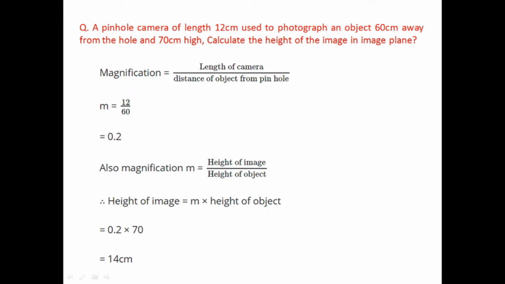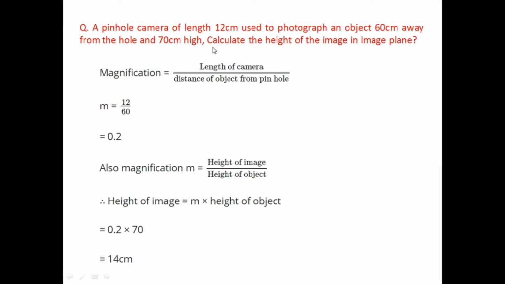So let me look over a problem here. I have a pinhole camera of length 12 centimeters, used to photograph an object which is 60 centimeters away. So 60 centimeters is actually d naught, from the hole. And this object is 70 centimeters high, that means h naught of the object is 70 centimeters.